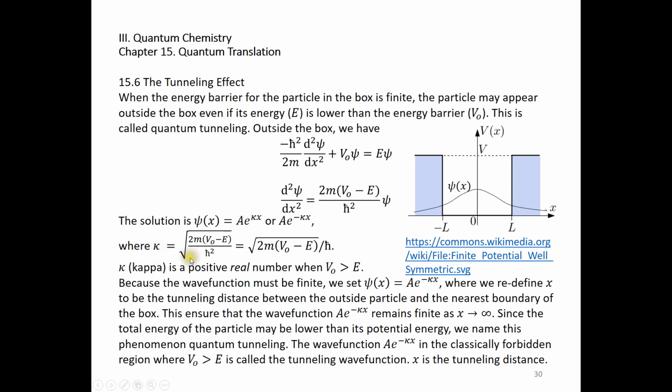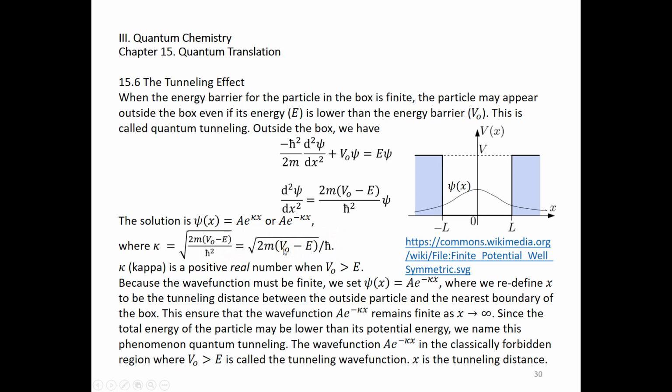This kappa is the square root of 2m times (V0 minus E) over h bar squared. Or we can write this kappa as the square root of 2m times (V0 minus E), and then divided by h bar. This h bar is outside the square root.